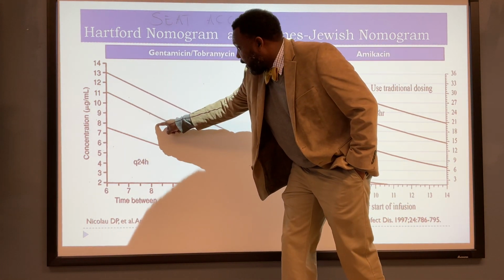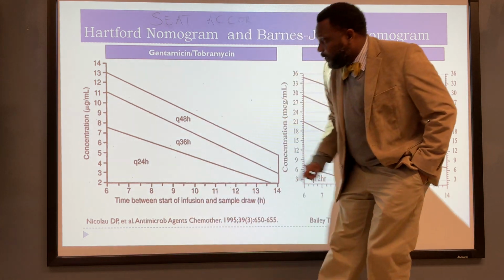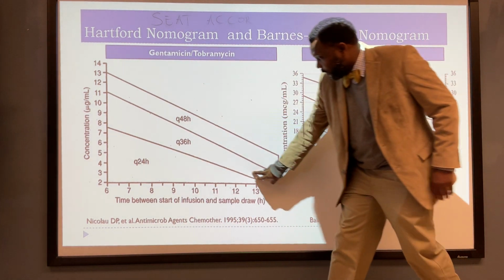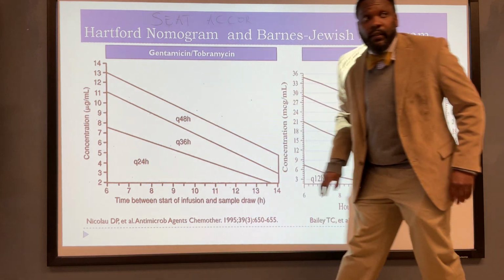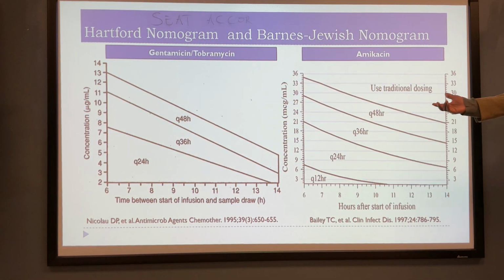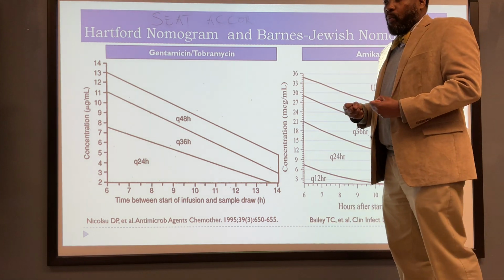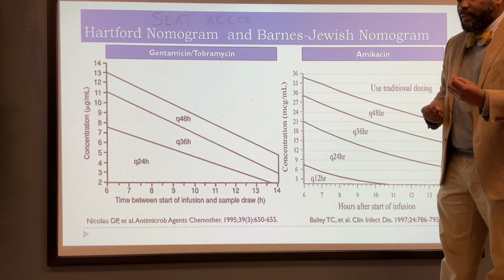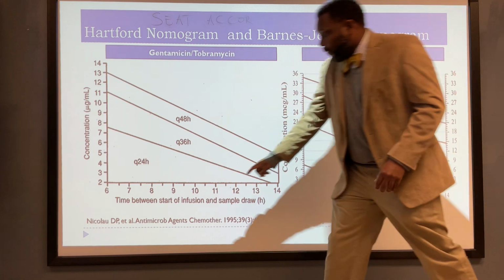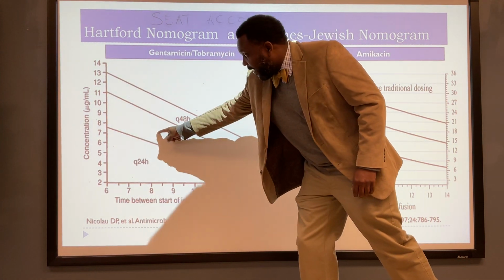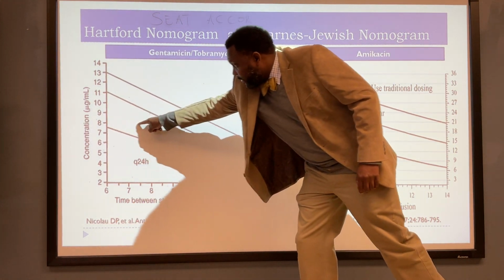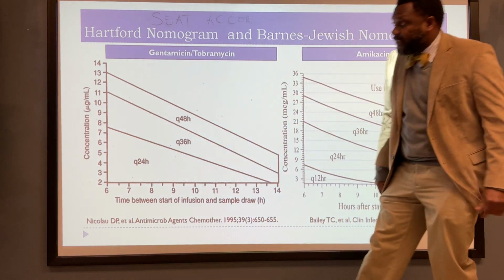We plot 8 hours at 8, and it falls in the Q36 range. So even though we initially thought it's supposed to be Q24, now we have that patient's response to that particular drug. Based on that, if it's an 8 after 8 hours, it's Q36.